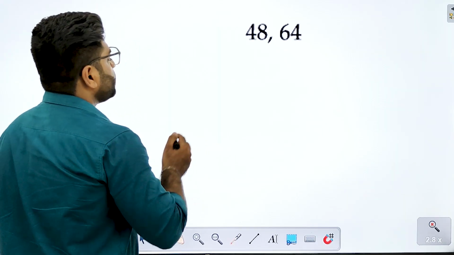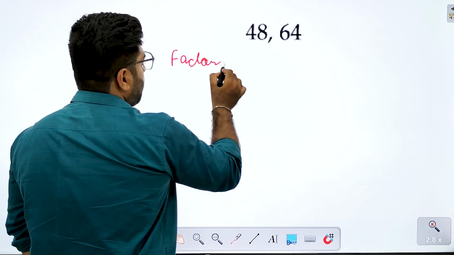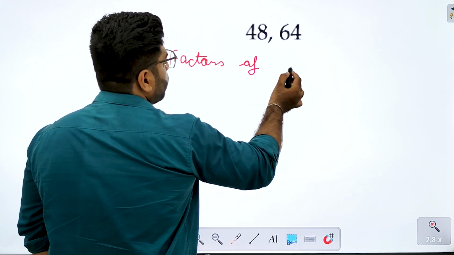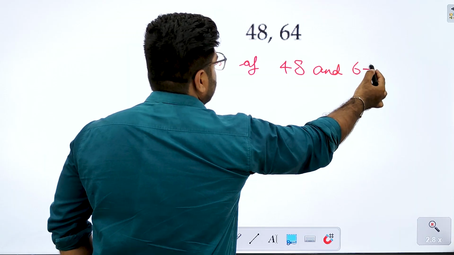Clear? So first we have to find the factors of 48 and 64.